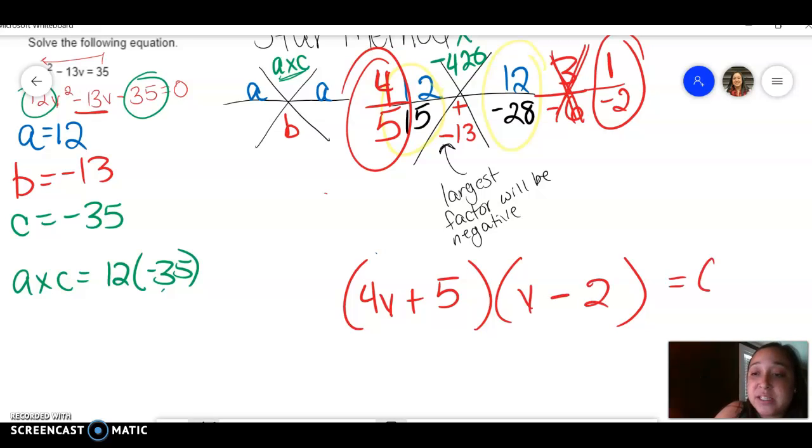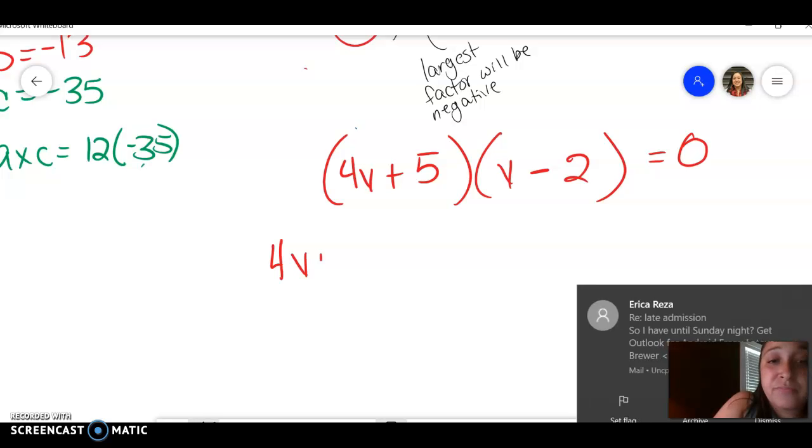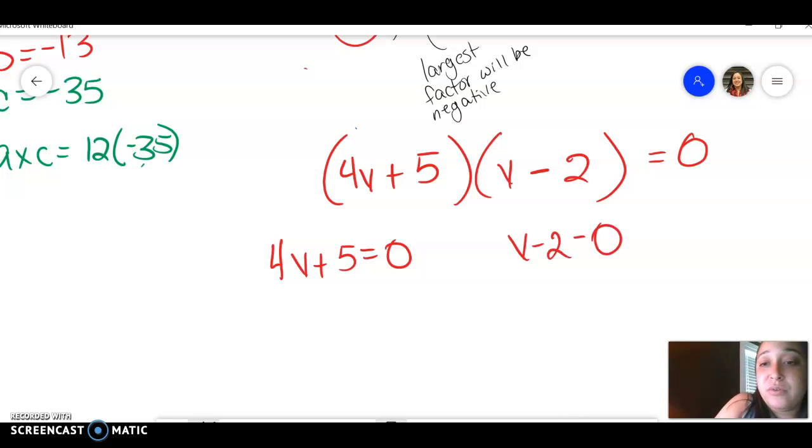And because we're trying to solve this equation, we're going to set this equal to 0. Let's go back to that 0 principle, right? The rule that we were talking about earlier. So that's what we're going to have to use to solve this. I'm going to have to take each one of these roots and I'm going to have to set these equal to 0 and I'm going to solve it.